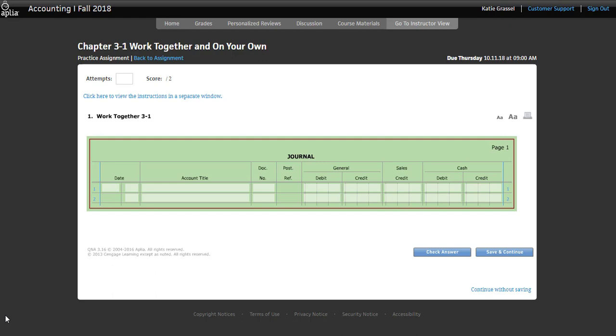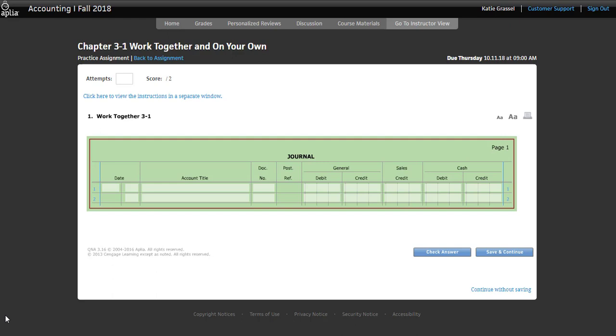You may have multiple transactions on July 20th, so you might have the 20th and the 20th right next to each other. That just means they're two separate ones, because I could receive cash from a customer and pay for supplies on exactly the same day. Businesses have multiple things happening that they have to record. So they're always listed in date order, or chronological order.